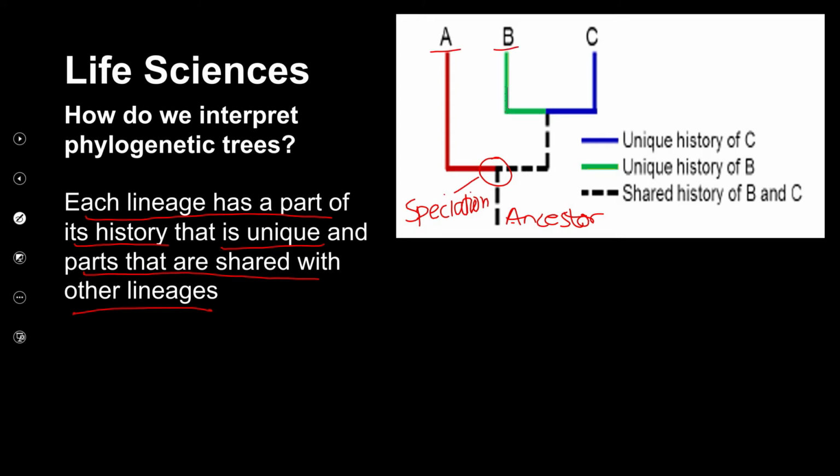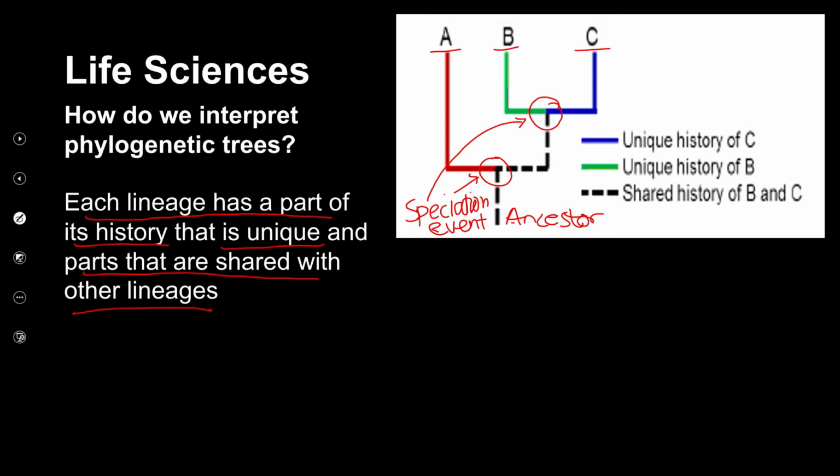However, as we have a look at this daughter lineage here, we see that there's another speciation event that took place. So now we don't only have species A and B, but we also have species C. So let's have a look at what is unique to each and what is shared history.